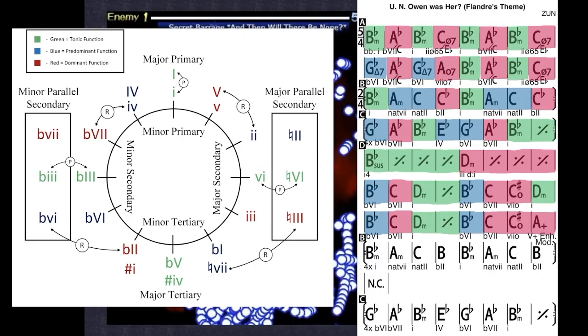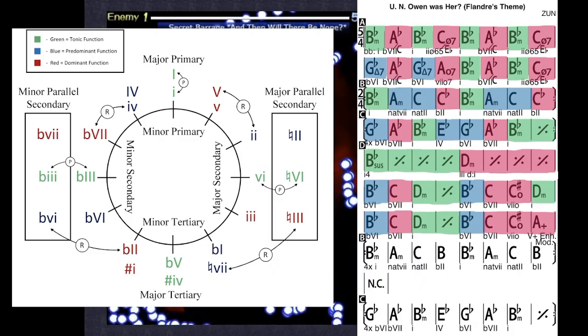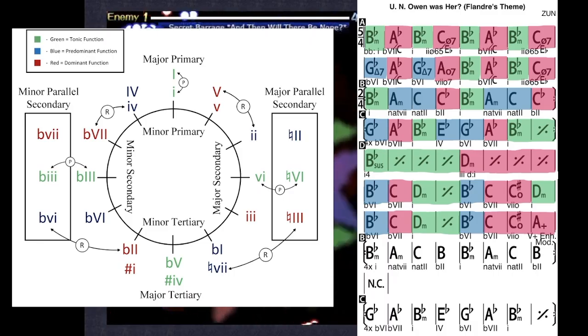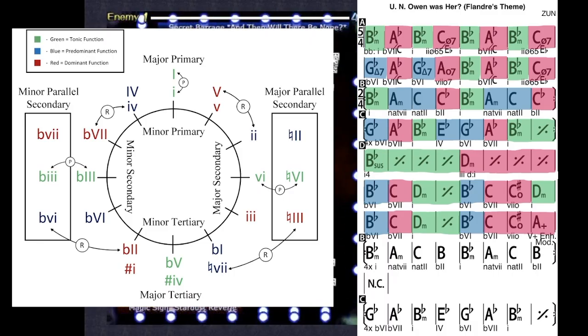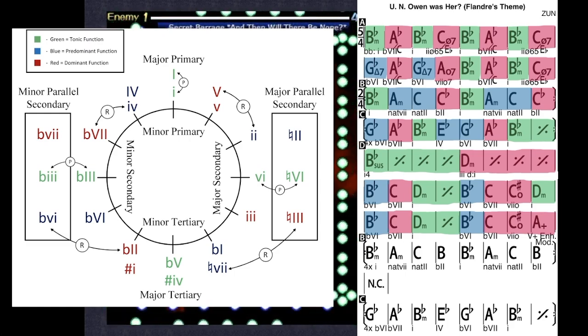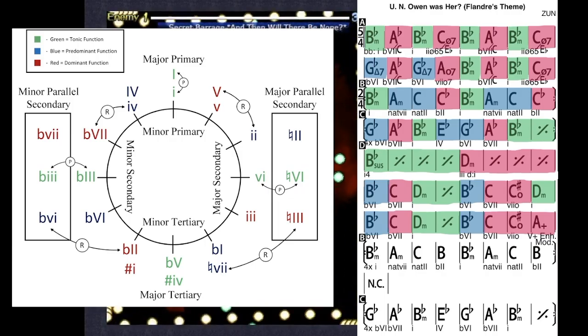So we have flat 6, flat 7, 1, and then flat 6, flat 7, 7, 1, and then flat 6, flat 7, 1, and then flat 6, flat 7, and then a fake out, right?